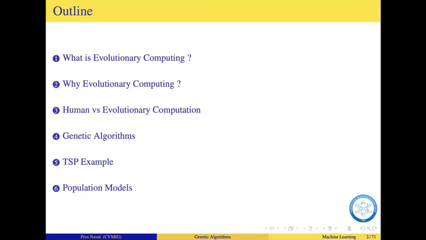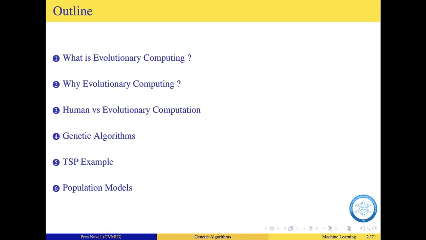So our outline for this lecture is the following. We will answer the question, what is evolutionary computing? And then why should we use it? And also we'll compare human versus evolutionary computations. Then we'll talk about just one of the many different evolutionary computation algorithms.